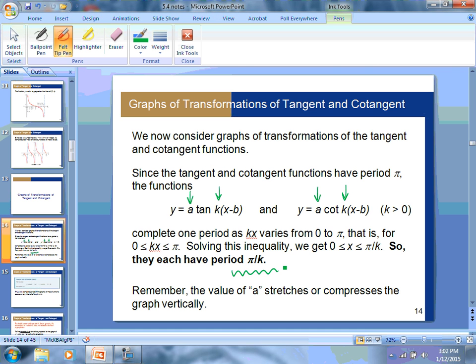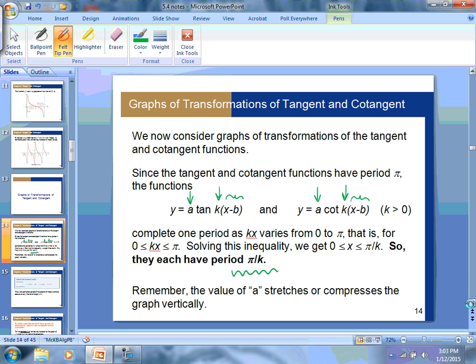And then we're not really going to have a phase shift like we did for the sine and the cosine, but we are still going to have this x minus b, or the k times x minus b. And that is going to actually be our vertical asymptotes. I'll show you how to use that information to help you find where your asymptotes go. So it'll make graphing it a lot easier.